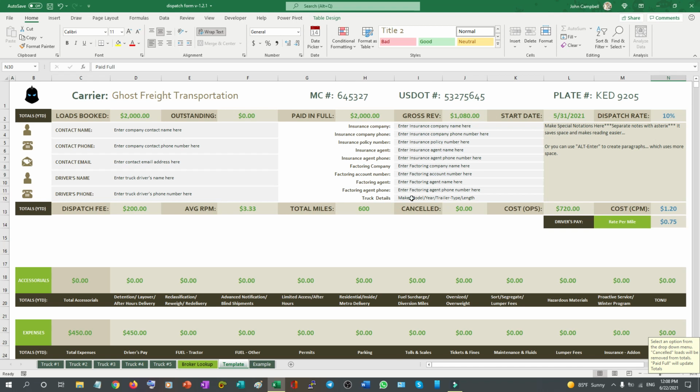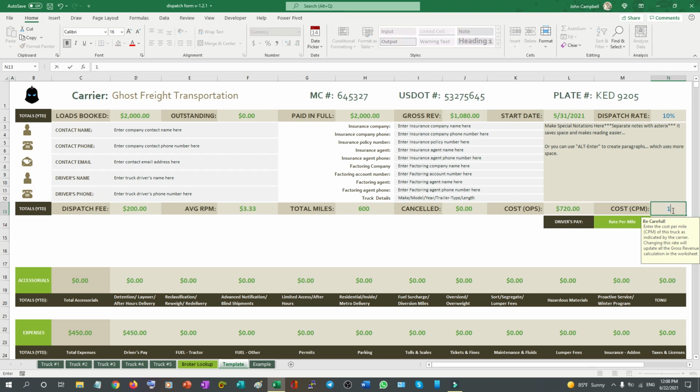So once you've paid your dispatch fee for that load and you've paid your cost of operations for that load, let's put it back to 180. Then your gross revenue on a $2,000 load for 600 miles is $720.